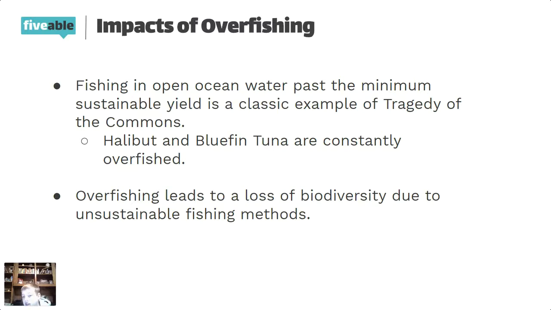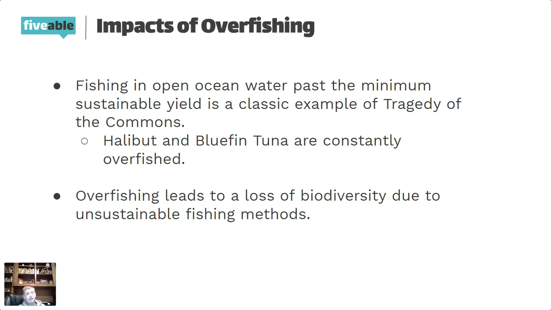And another question in the chat: doesn't caviar also contribute to a loss of biodiversity as we are eating fish eggs, so there are no more baby fish to grow up and repopulate? Kind of yes and no. We're eating fish eggs and not the actual fish, so the fish can always make more eggs.